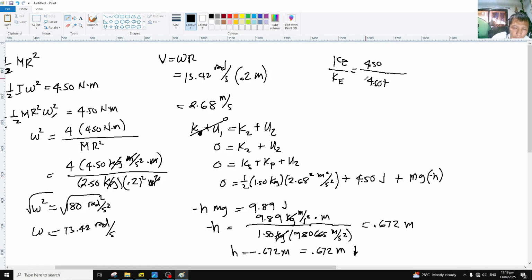Magkano yung kanina? 9.89 na, diretso. So, times 100%, 4.50 divided by 9.89. So, that would give me 45.5%, for letter B. So, 0.672 meters at saka 45.5%.